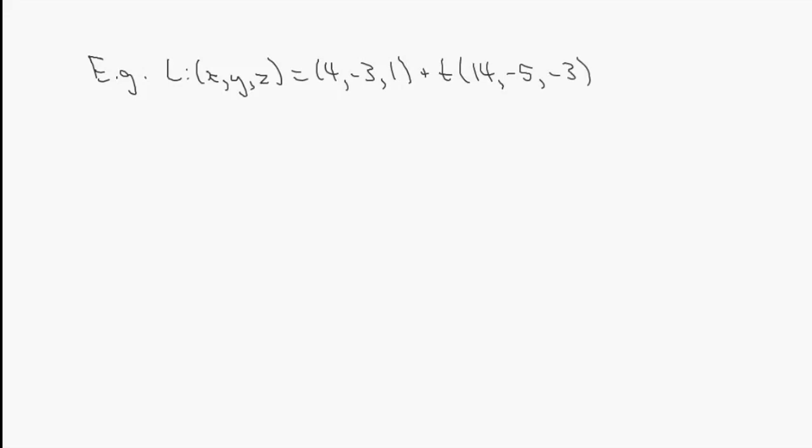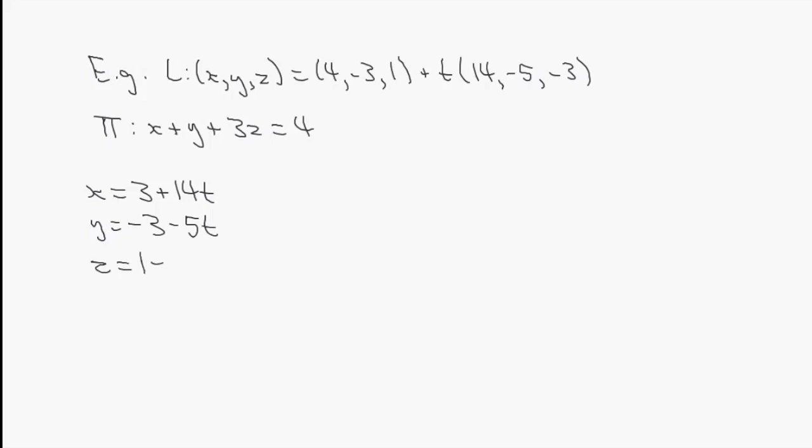So the equation of the plane would be x plus y plus 3z equals to 4. So like usual, we separate the x, y, and z. x is 4 plus 14t, y is -3 minus 5t, and z is 1 minus 3t.